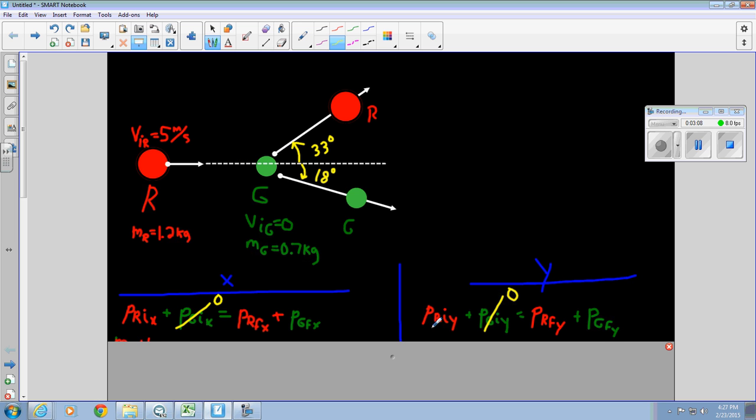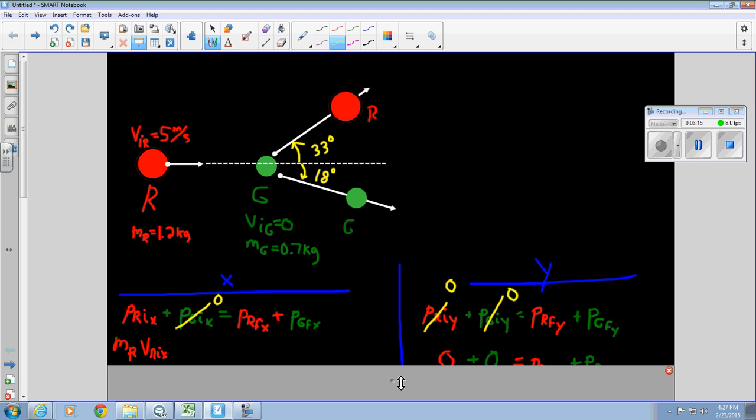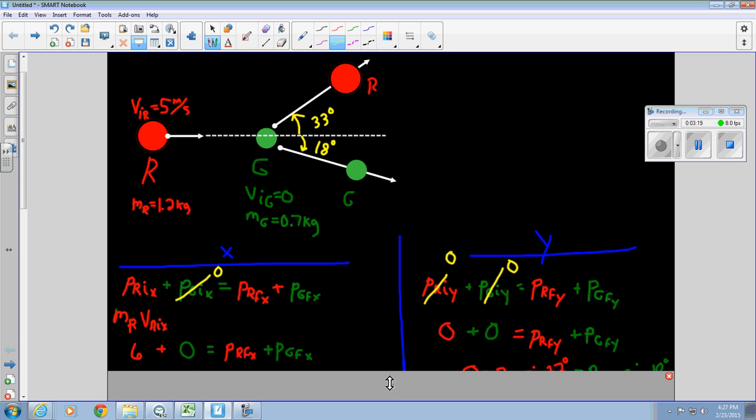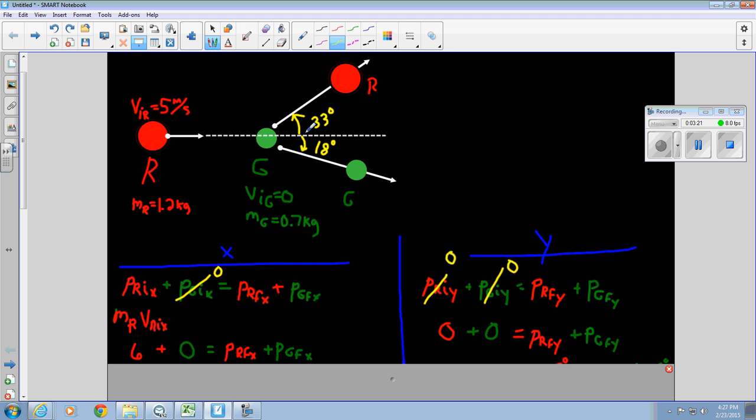So the initial velocity of the red ball in the y direction is 0, so that makes the momentum 0. And you're left with two equations that look like this. Now, we have 1, 2, 3, 4 unknowns. 4 unknowns. And we want to reduce those down.